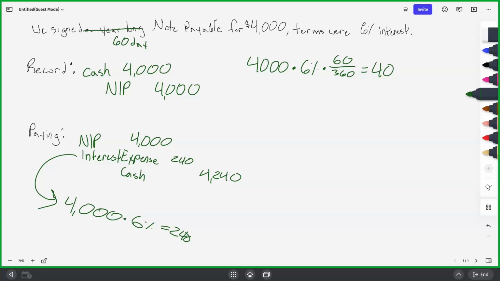Another current liability to keep in mind is current maturities of long-term debt. I don't believe you guys would need to know how to calculate those, but the biggest thing to know is that if we pay for a note payable, we know from chapter 10 we have note payables that extend all the way to 10 years, but we pay that off every year. The portion you pay off that year is your current liability.